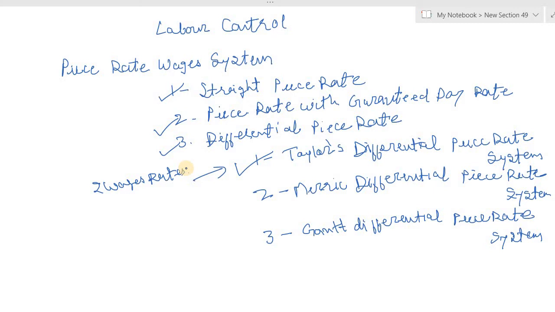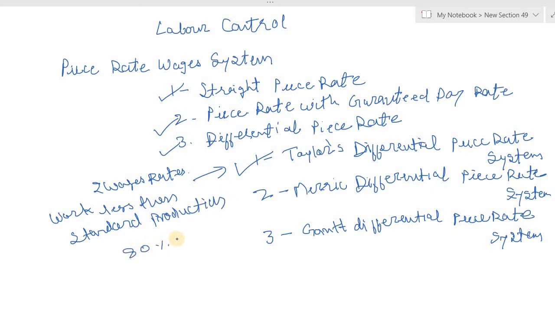Under this system, an inefficient worker is paid only 80% of normal wages, whereas the efficient worker is paid 120% of normal wages.